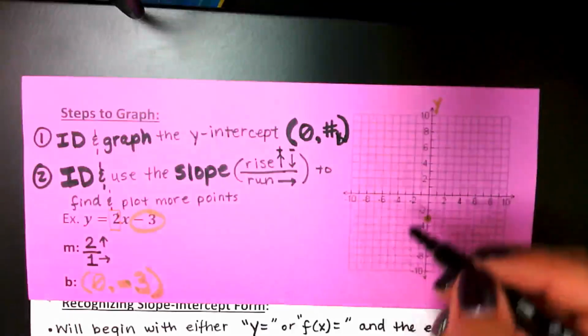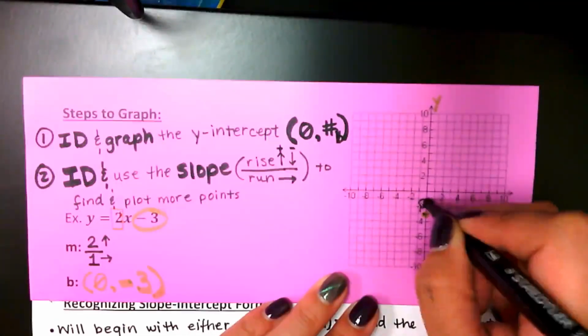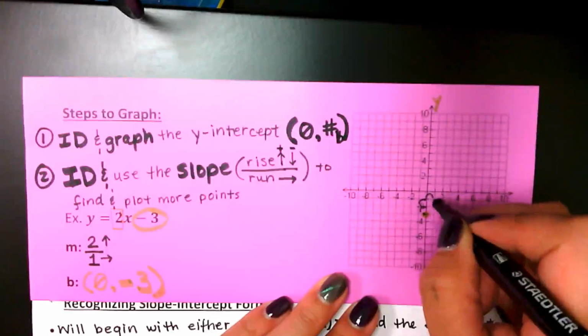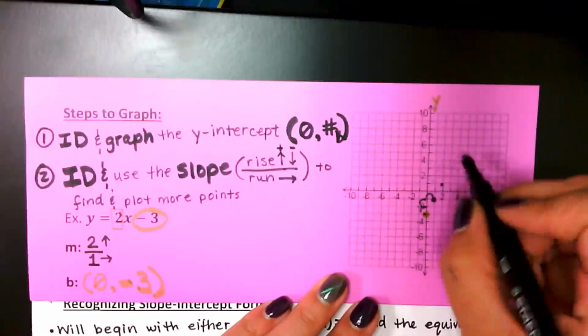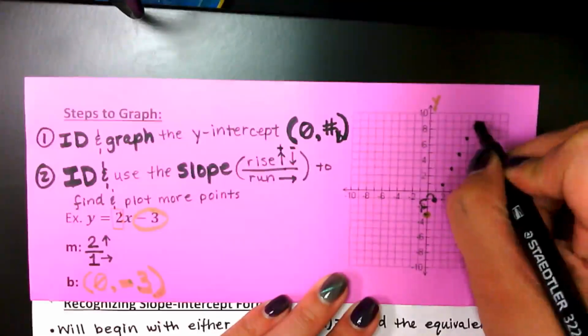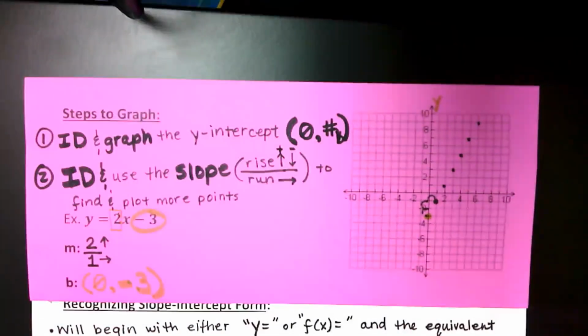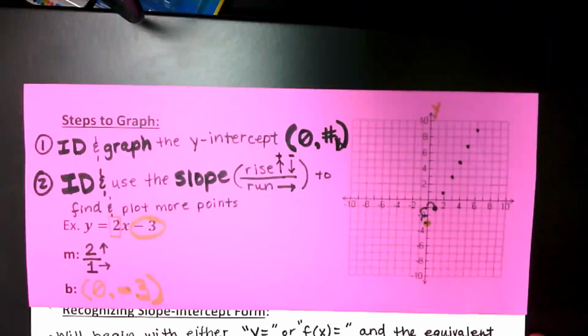So let's go ahead and do that right now. I'm going to go up 1, 2 units, and 1 to the right. And I'll continue going up 2 to the right 1 until I run out of space.